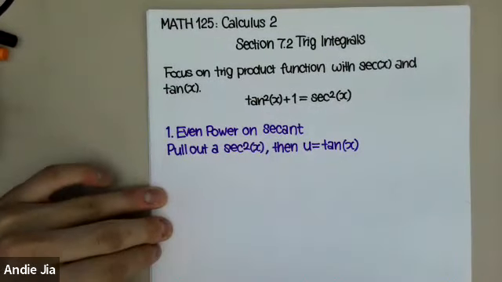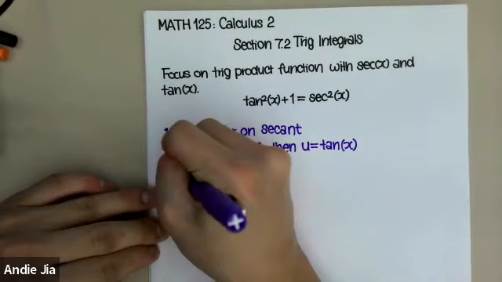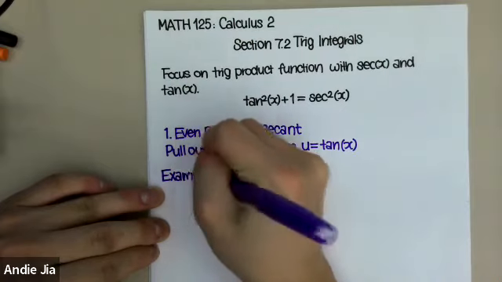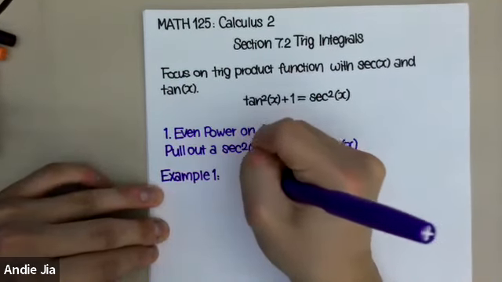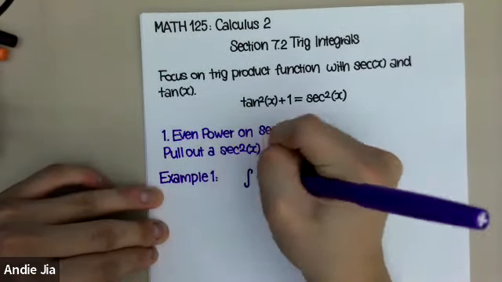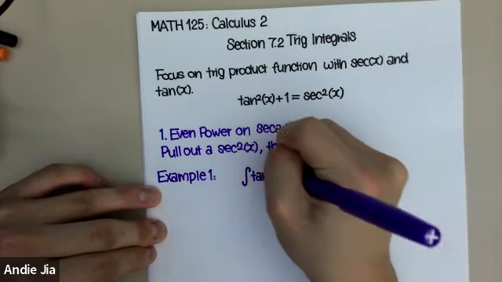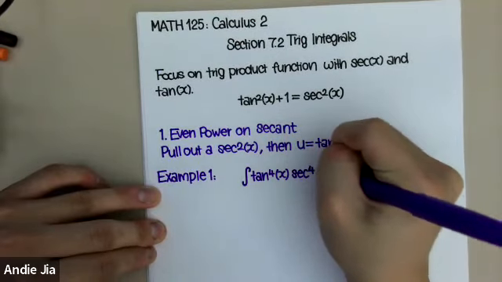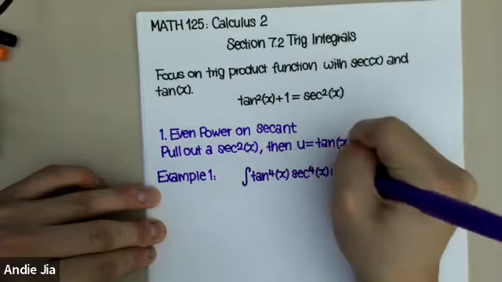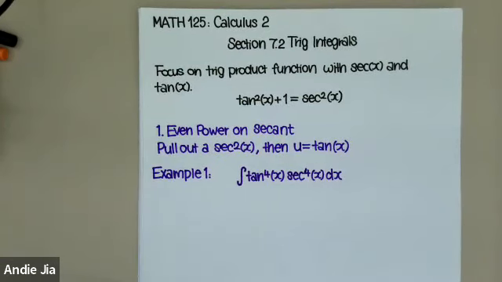Let's try our first example. If we have this integral, tangent of 4x, secant of 4x, dx. They're all in power 4, all even power.